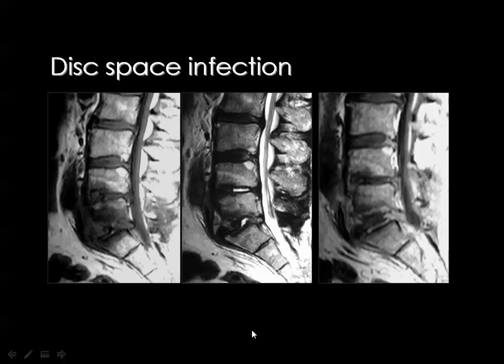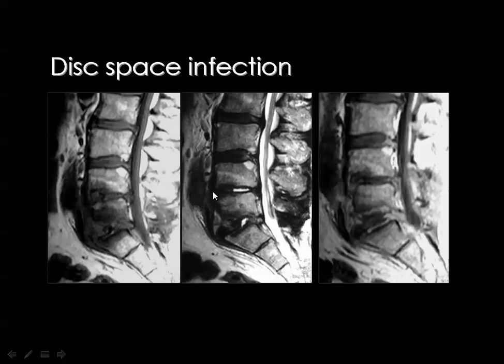Whenever the disc is inflamed and you get relative narrowing of the disc space and bone marrow edema of the opposing vertebral end plates, in the T2 weighted image you will see very bright signal, the signal of fluid inside the disc substance.